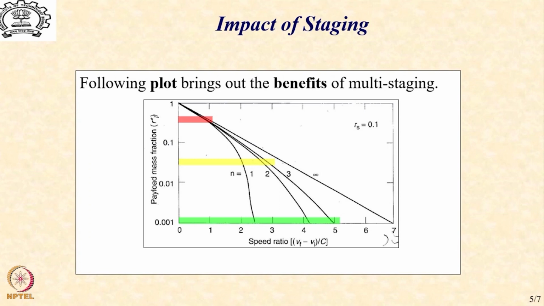And let us now look at this a little bit closely. So let us first say that we are going to fix the velocity at this point, which is about 2.4 times the exhaust velocity, which is approximately equal to the velocity required for establishing a circular orbit at around 200 to 250 kilometer altitude.